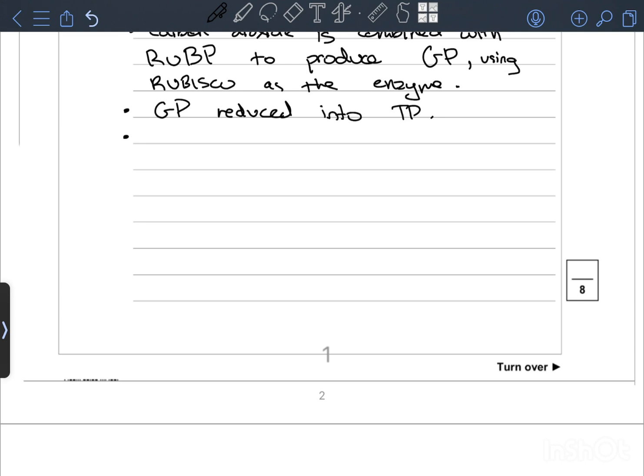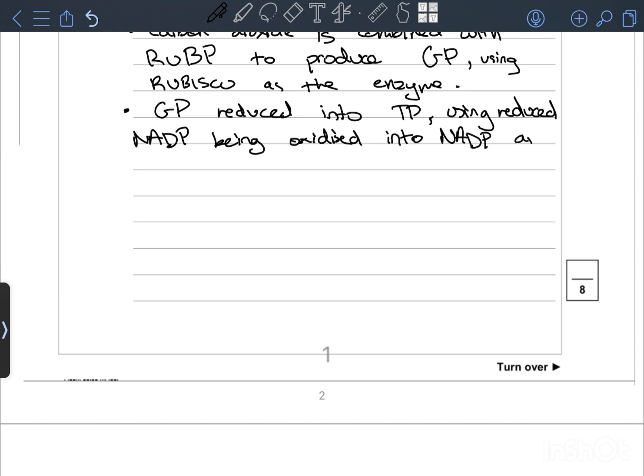After this, I forgot one step, we would want to say that using reduction, the reduced NADP is oxidized into NADP, and using energy, ATP is hydrolyzed.